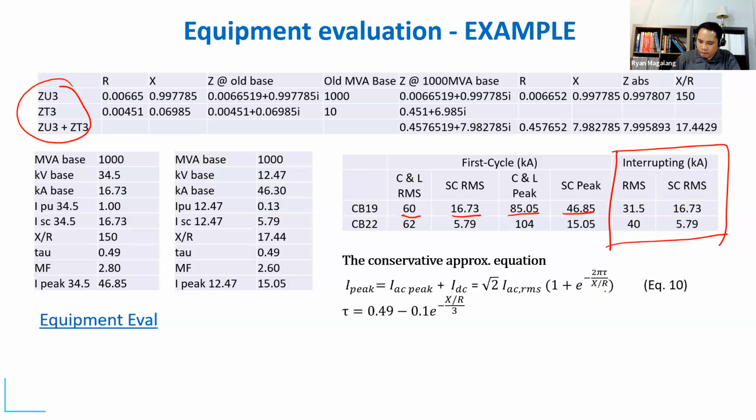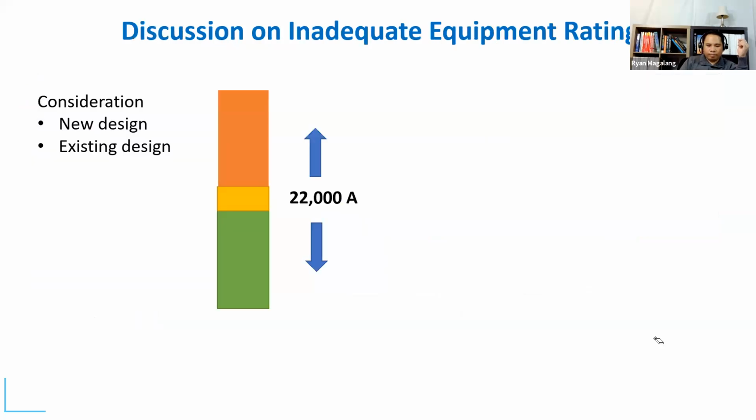So the comparison is not realistic. It's very low compared with this one, because like I said, we only have one contribution. So it passed easily. But mind you, when you have hundreds of motors in your facility, they all add up to thousands of amps. So maybe that will not pass anymore.